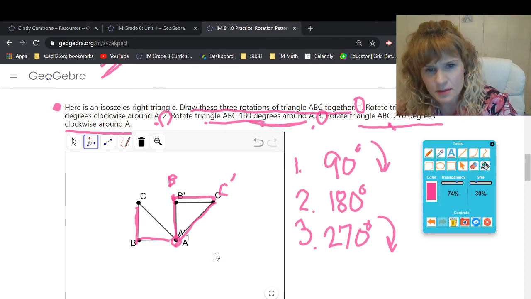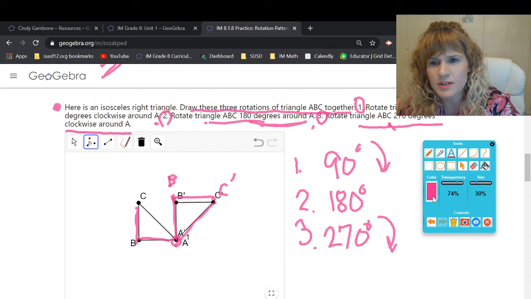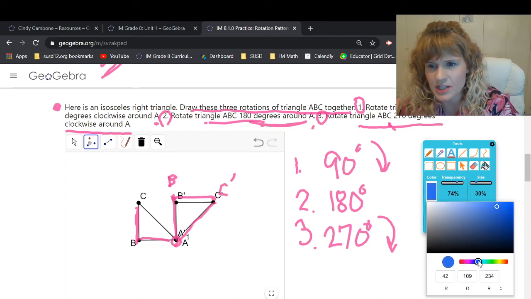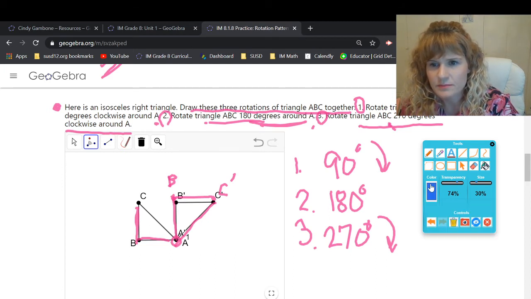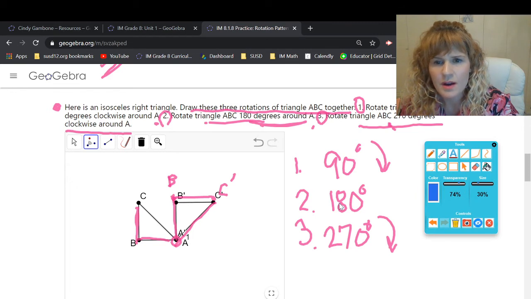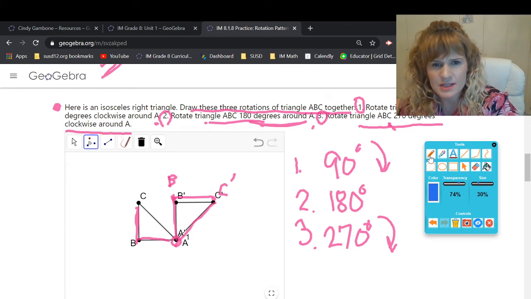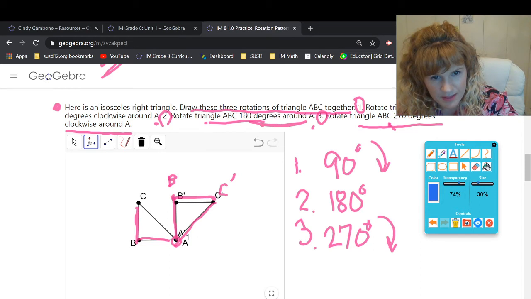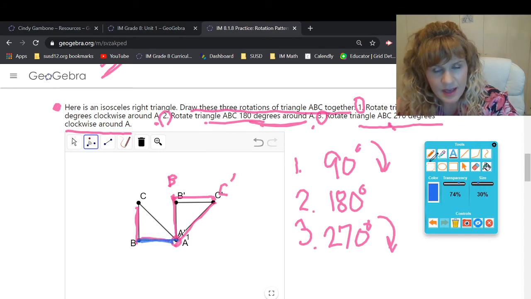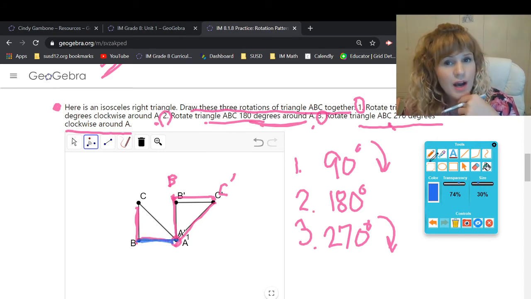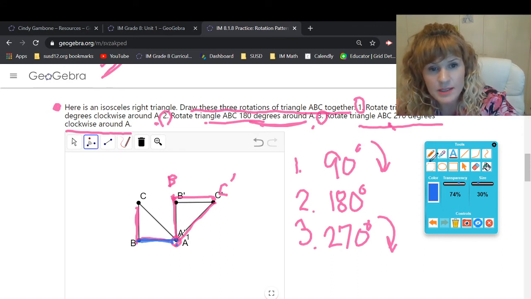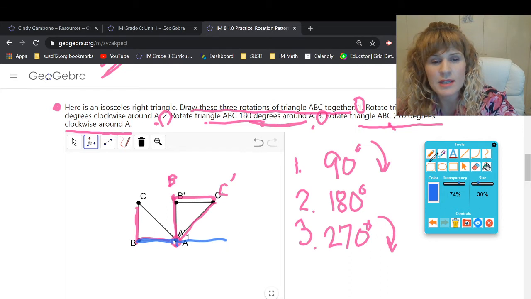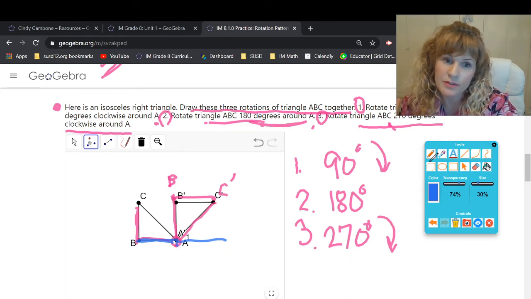Okay, step 2 is a rotation 180 degrees. I'm going to change colors. Okay, 180 degrees. From here, then line BA, well, if you remember, a 180 degree rotation around an endpoint makes a segment in line with the original figure.